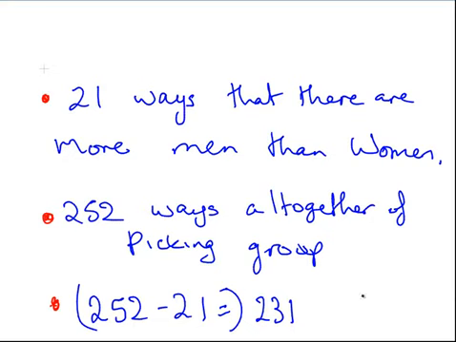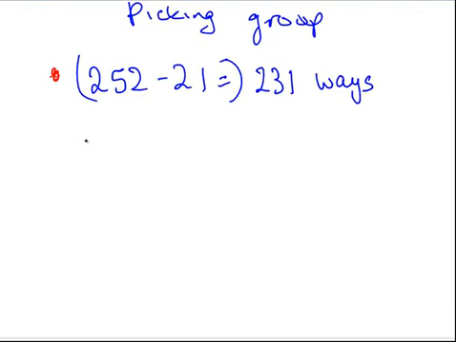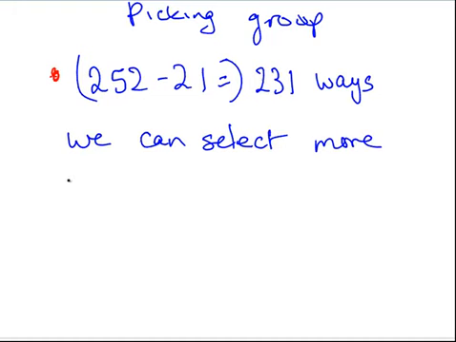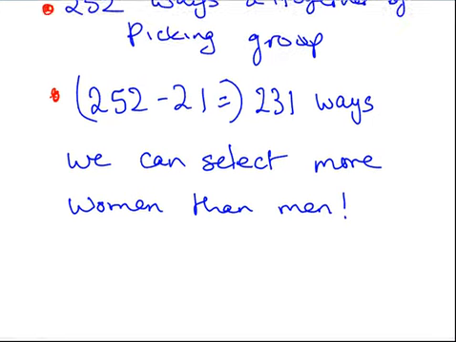So there has to be 231 ways we can select more women than men. This is actually quite a neat way of doing it.